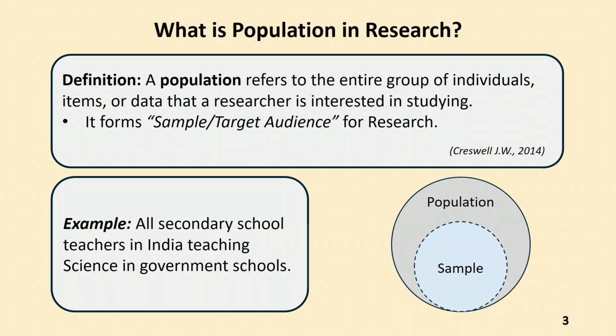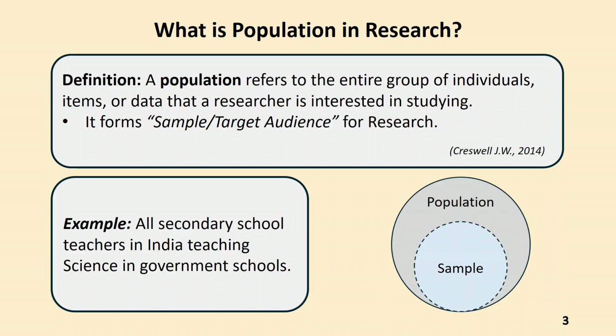Let us take one example. All secondary school teachers in India teaching science in government school. You can clearly see on the screen that whatever is being written there focuses on defining what is population, and you can see here how population contains the sample within.